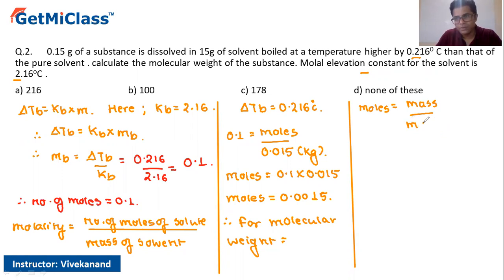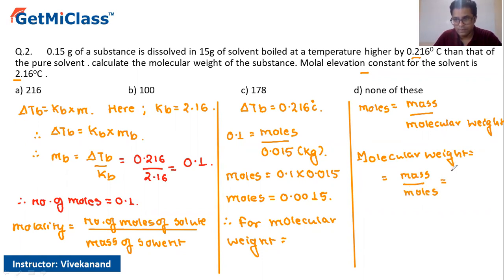Therefore, the molecular weight is equal to the mass over the number of moles, and this is 0.15 divided by 0.0015, which is equal to 100 grams. So our answer is option B. Thank you.